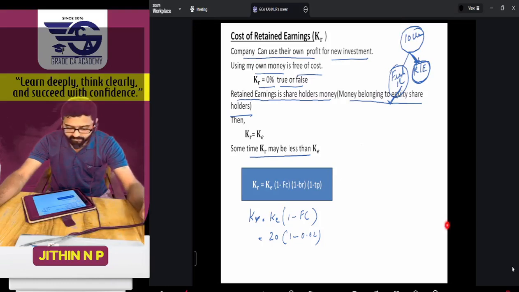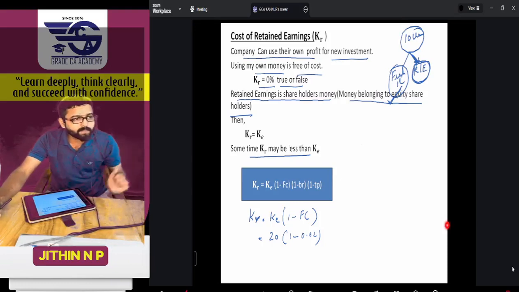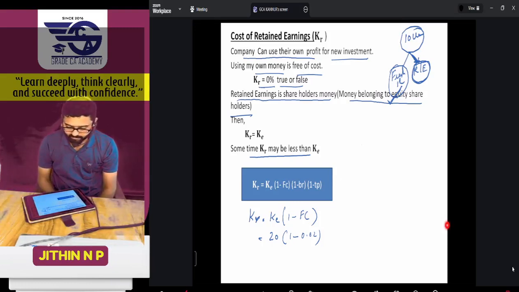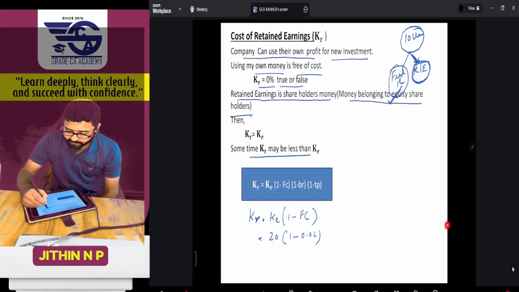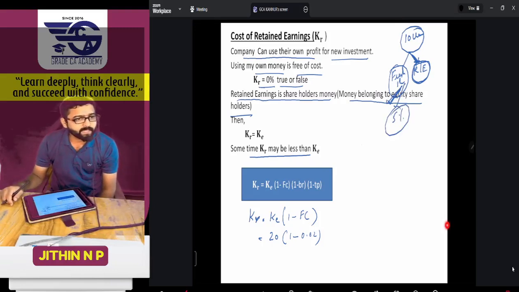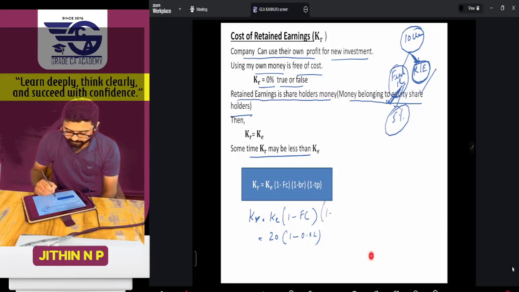When the question specifically gives a flotation cost of this percentage, in that case KR is K into 1 minus flotation cost. Clear? Suppose for this fresh issue, the company has to pay 5% brokerage. If the company uses retained earnings, it does not pay brokerage. In that case, brokerage also we need to reduce: 1 minus 0.05.